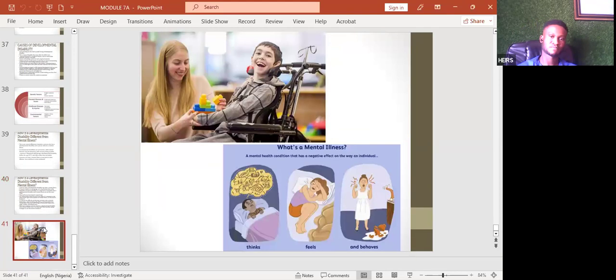Finally, look at the picture on the screen, the differences between mental illness and physical illness. For physical disabilities, the person cannot walk and perform activities of daily living for themselves. For mental illness, the person what? Begins to overthink, feels bad and behaves irrationally. Those are the signs you see.